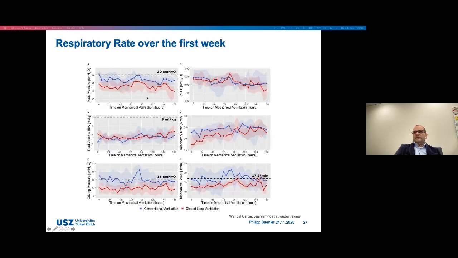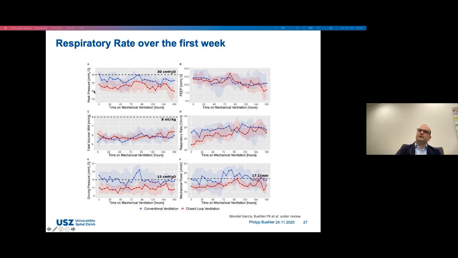Okay, now you see the results. Overall, closed loop ventilation was superior in lung protective ventilation, particularly in terms of respiratory rates. You see it in this picture. You see all the parameters which we have measured for lung protective ventilation.